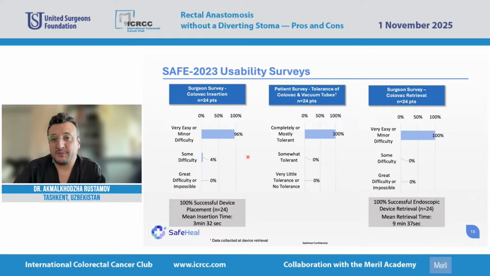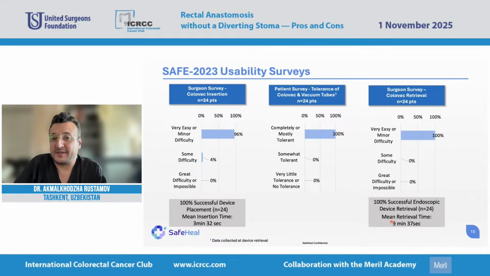On the patient side, tolerance was excellent. 100% of patients reported being completely or mostly comfortable with both the ColoVac and vacuum tubes throughout the study period. Device retrieval was also straightforward, 100% successful via endoscopy with an average retrieval time under 10 minutes.